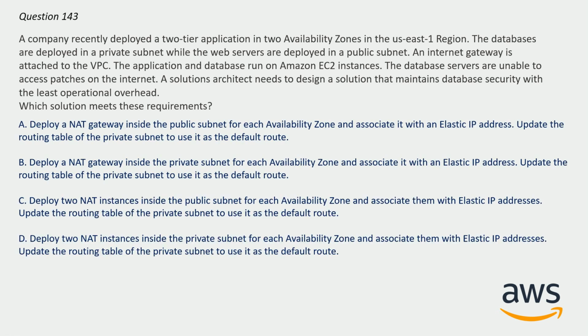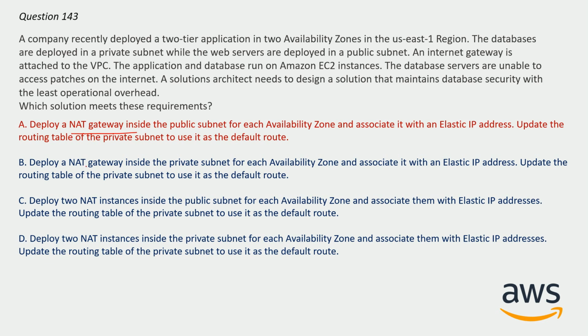And the correct answer here will be option A. Deploy a NAT gateway inside the public subnet for each availability zone and associate it with an elastic IP address. Update the routing table of the private subnet to use it as a default route. And this one is correct here because you can use a network address translation gateway, that is a NAT gateway, to enable instances in a private subnet to connect to the internet or other AWS services but prevent the internet from initiating connections to those instances.